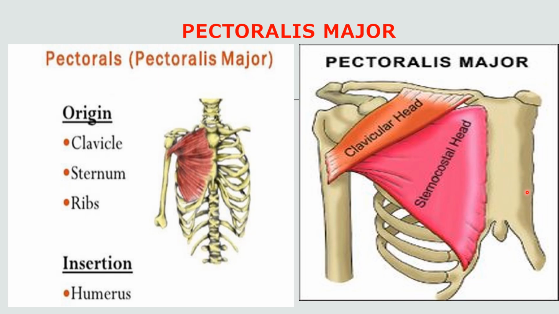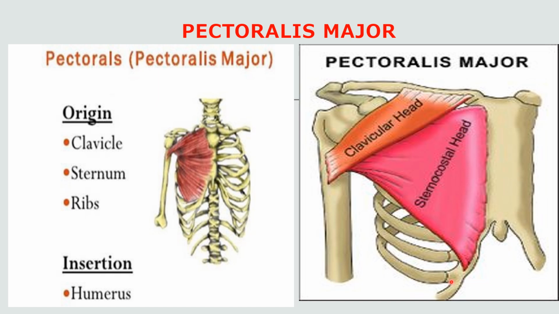Then next, the sternocostal head. Sterno means from the sternum, costo means rib. So it arises from the lateral part of the anterior surface of the sternum up to the 6th costal cartilage. The 2nd to 6th costal cartilages give origin to the sternocostal head.